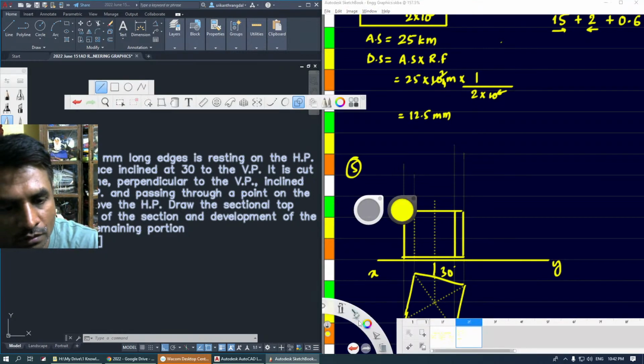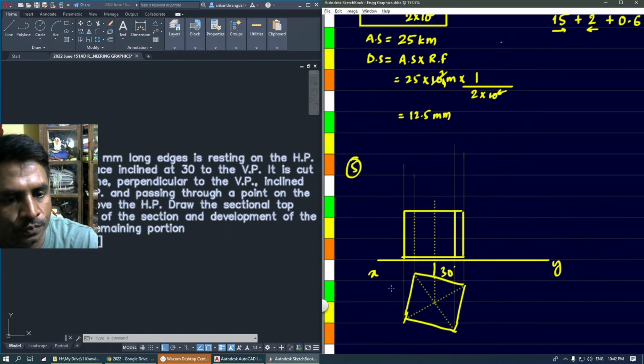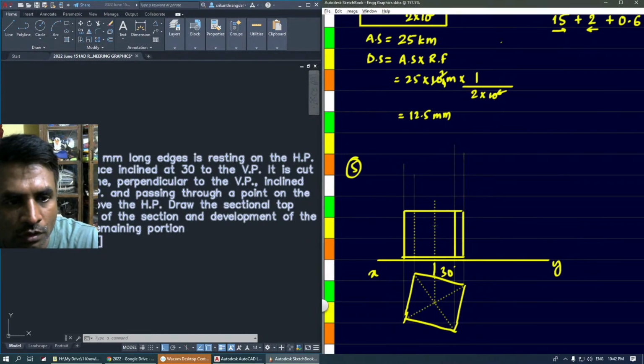And somewhere on this, let us say it is 38 mm above the axis, 38 mm above XY.